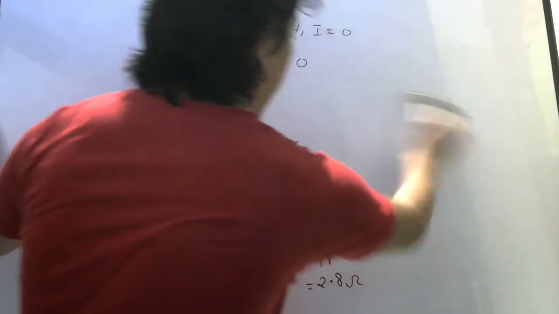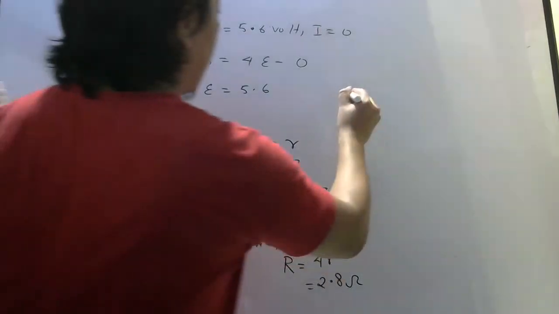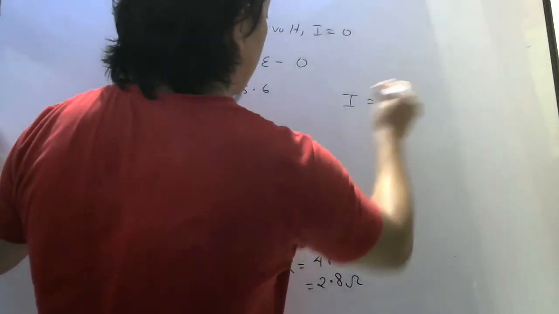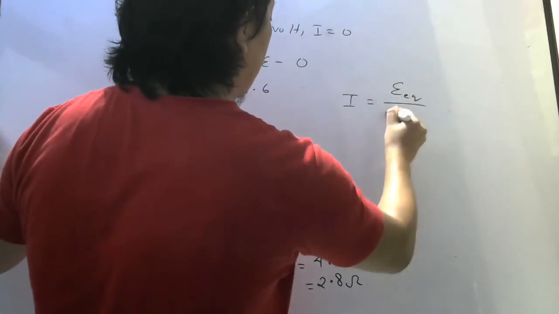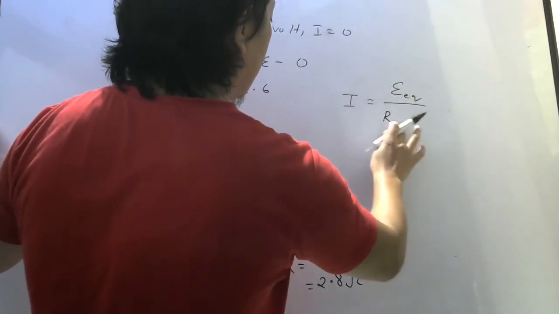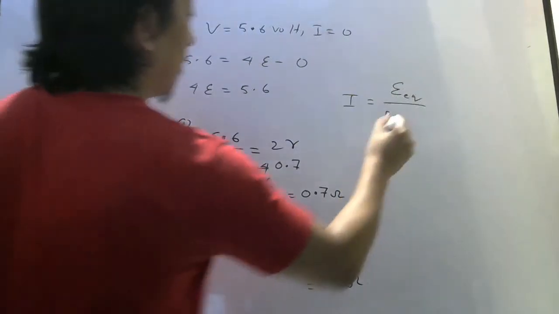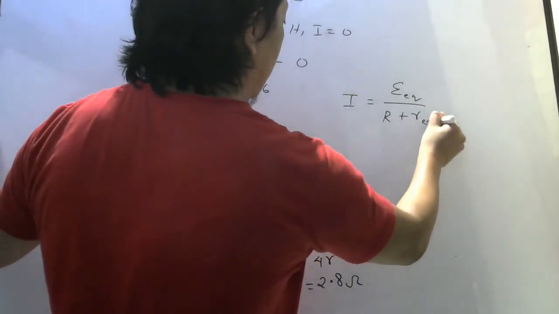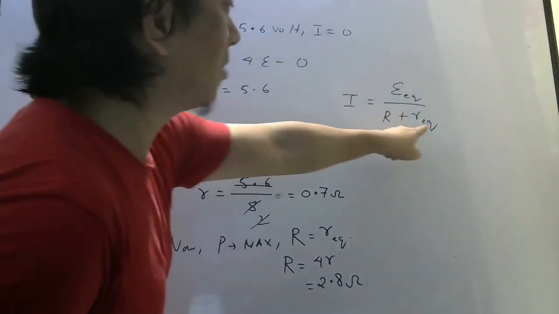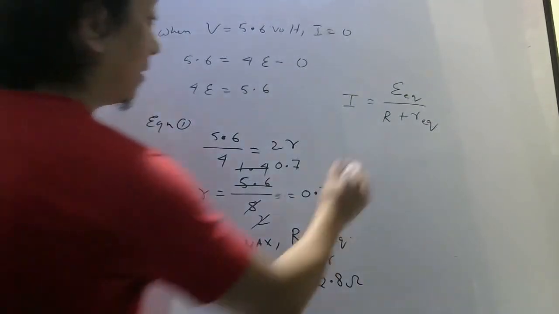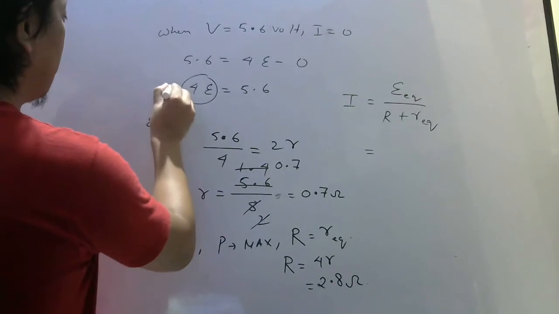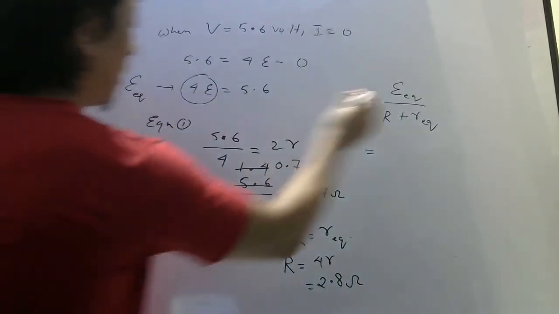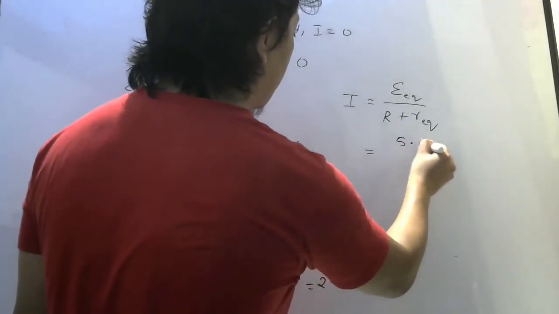So what is the formula for current? Current is E equivalent over R plus r equivalent. Since more than one cell is there, external R is only 1, internal there is more than 1, so I wrote R plus small r equivalent. Now E equivalent, directly I can write 5.6.